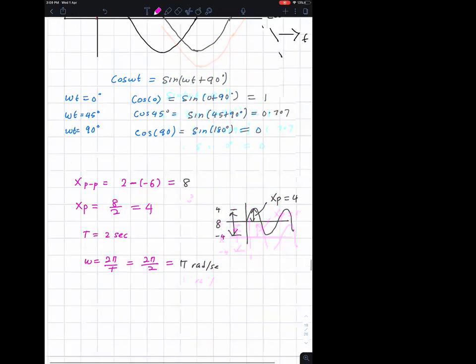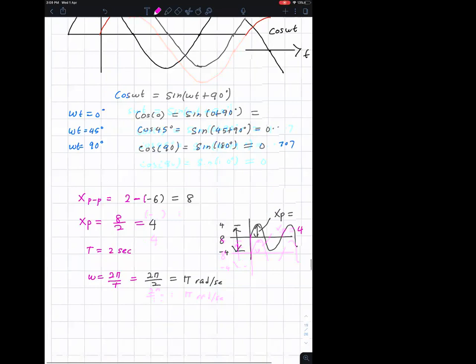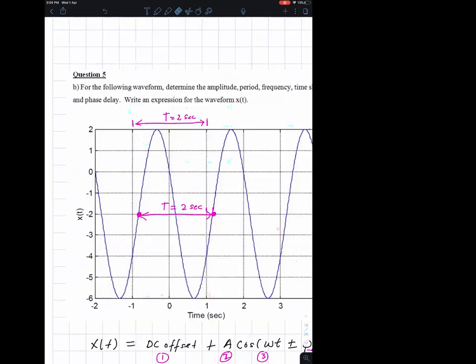If I assume this as a cosine wave, slightly shifted to the left by delta t.